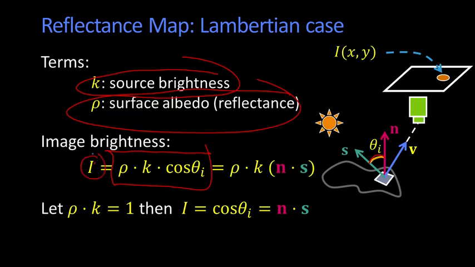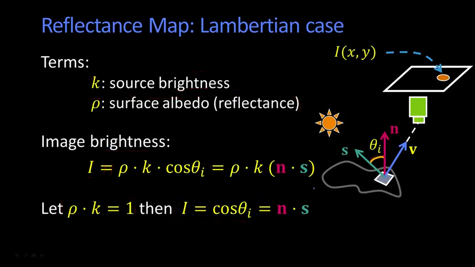For the next little bit, we're going to assume that rho times K equals 1, or another way of saying it, that our image intensity is the cosine of the angle. You could make it proportional to the cosine, but the idea is that it's a fixed number. Later we are going to assume that it's proportional.